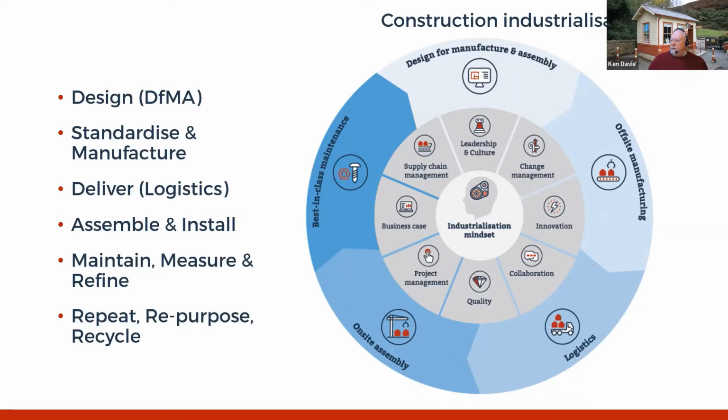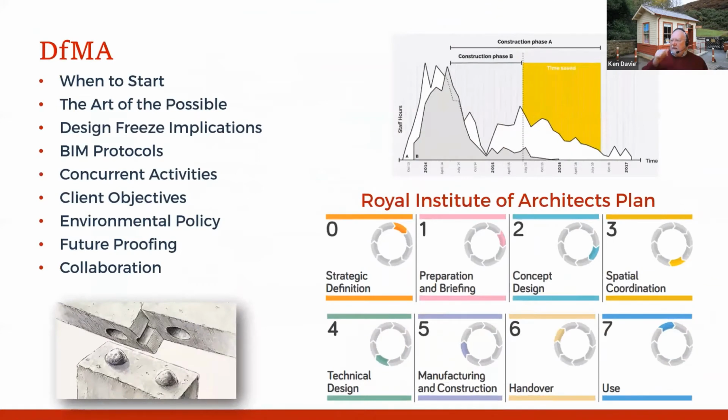So starting with DFMA, as I say, it's based on the RIBA plan of work. Missing out the British here. The little diagram at the top is actually a comparison of architectural design resources on an OSM project, offsite manufacture project, compared to a traditional project.